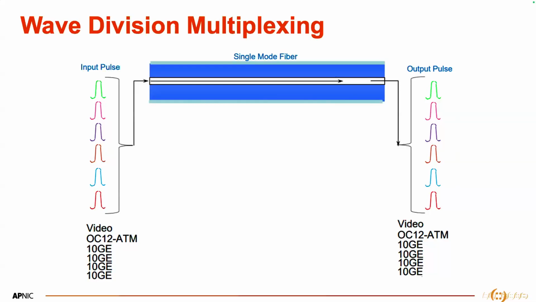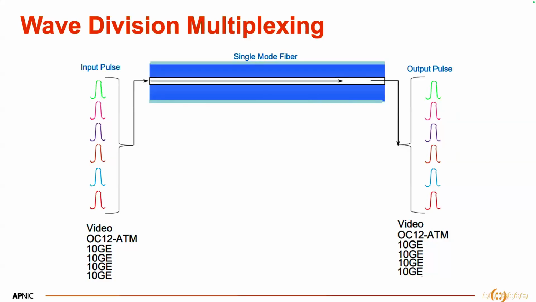Each of them is different from the others, but they are not visible colors. So this is the fundamental concept of WDM, wave division multiplexing.